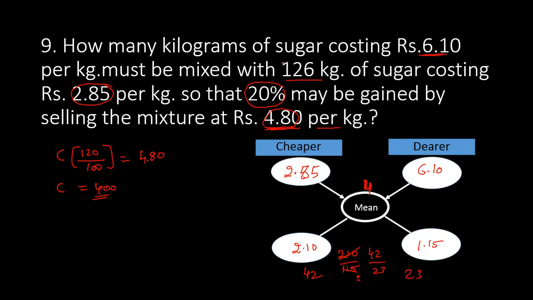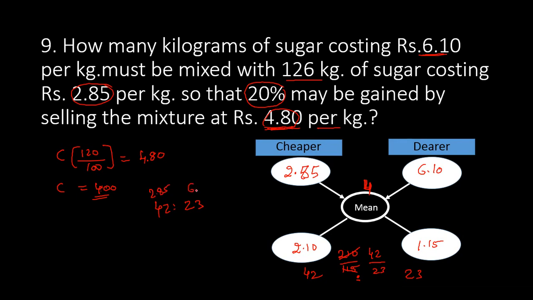Now what is given here? How many kilograms of sugar costing 6 rupees 10 paise per kg must be mixed with 126 kg of sugar costing 2.85? It means 42 is to 23 is the ratio we have to mix in. This is sugar which costs 2 rupees 85 paise.